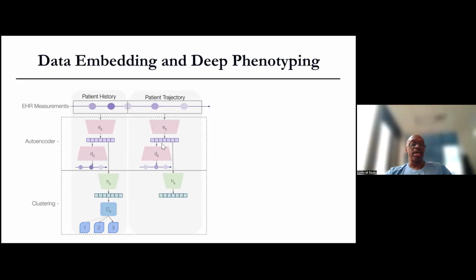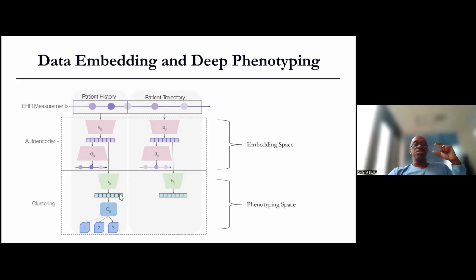And then these embeddings, so these are autoencoders. But then there's a projection head where you take these embeddings and project them into a phenotyping space. And in this phenotyping space, you cluster them in a manner that tries to preserve this relationship, so the future and the past are clustered together.